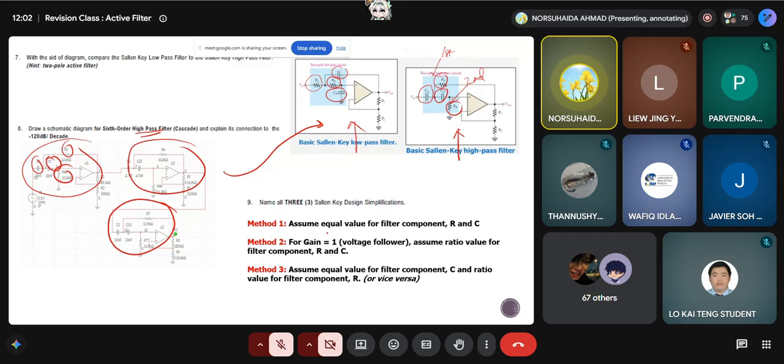So for method number 1, assume equal value for filter component R and C. Then second method is for gain equal to 1, voltage follower, assume ratio value for filter component R and C. And then the final one is method number 3, assume equal value for filter component C and ratio value for component R. The most important thing and basic analysis normally referring to this method number 1.